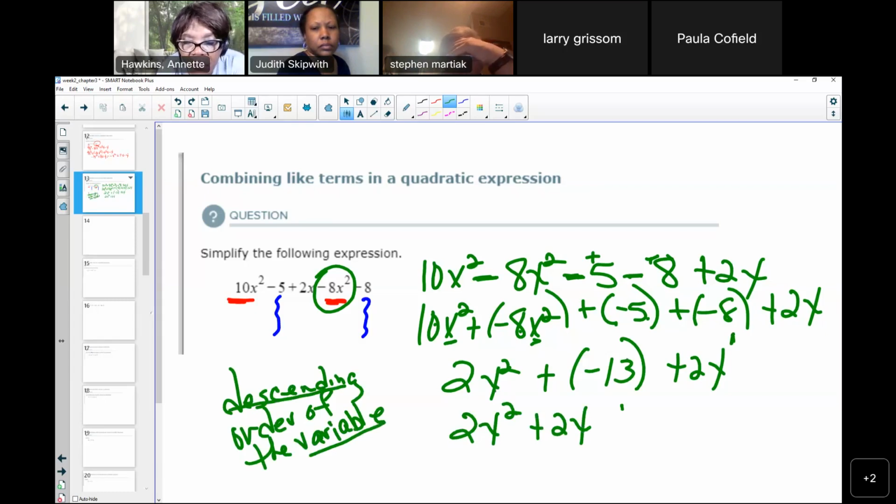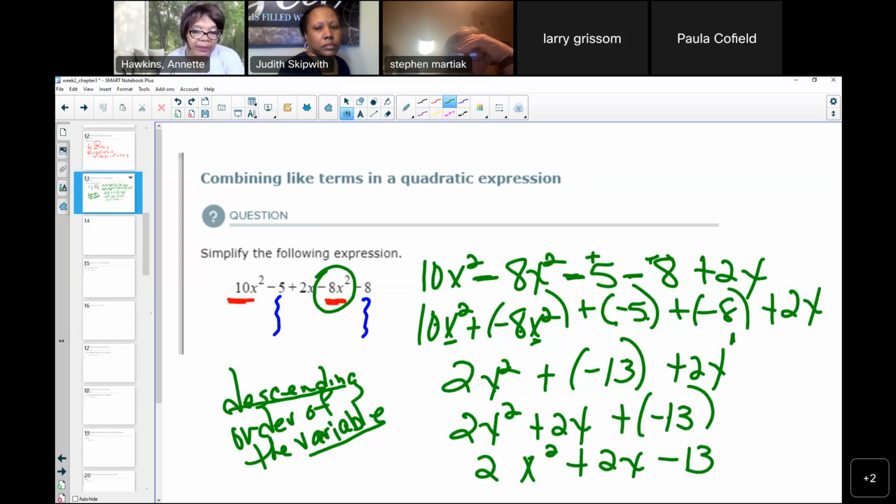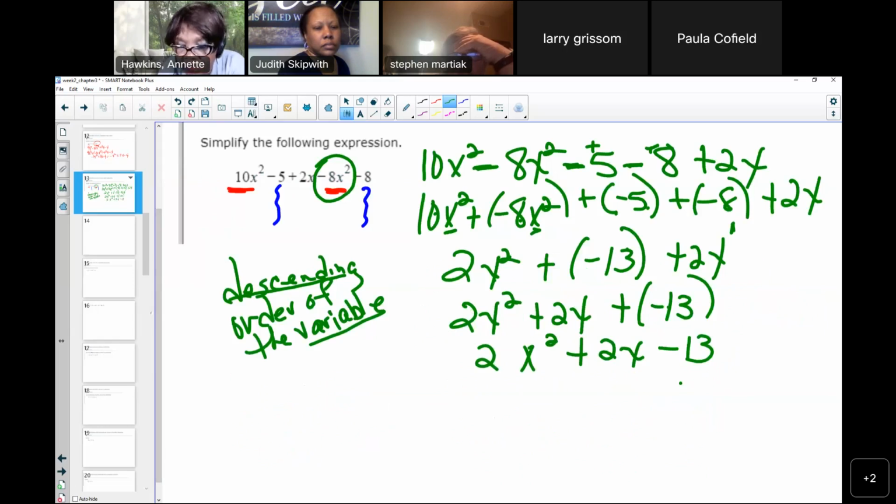And then the number would go last. Now, plus negative means subtract. So now I would change this back to subtraction. And if you wonder if you have it right, this is subtraction, add the opposite. If you were to change it to addition, it would change back to that. So it's 2x squared plus 2x minus 13. Any questions about that?